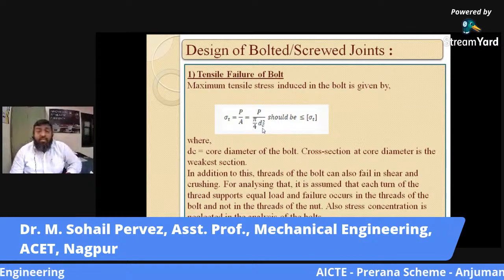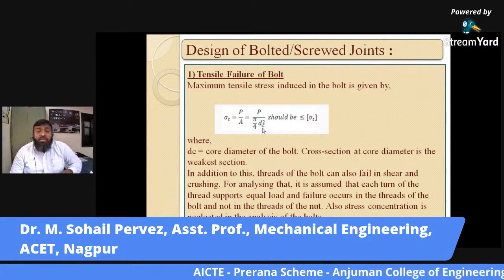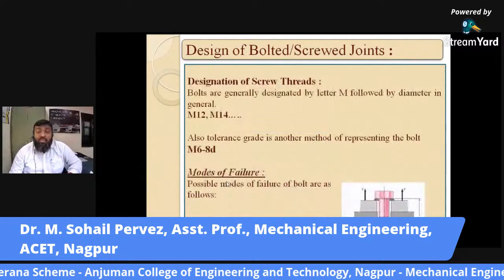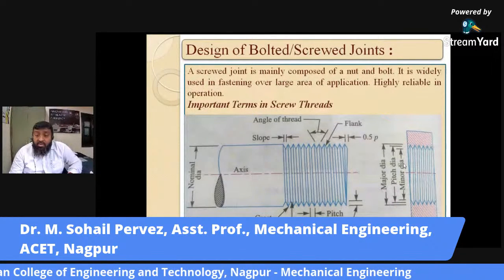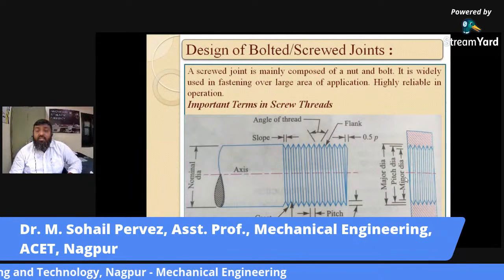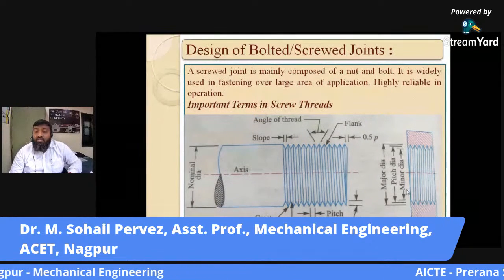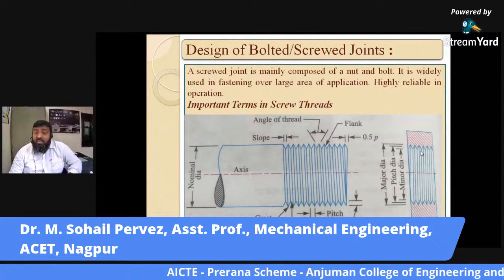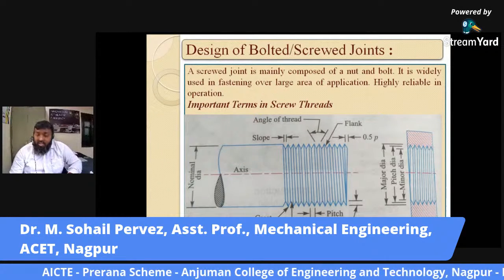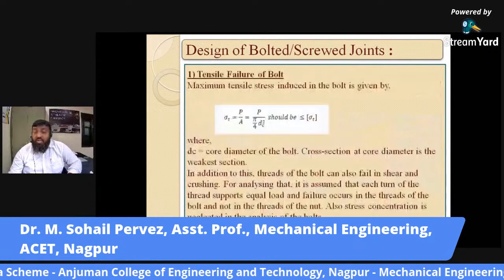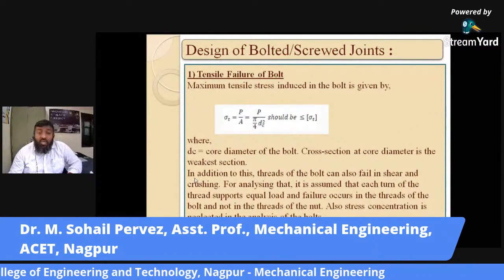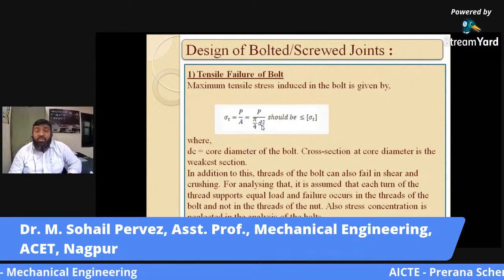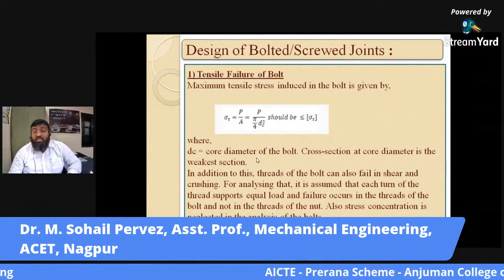I again repeat, the weakest diameter of the bolt is the core diameter. Since this minor diameter is nothing but the core diameter, the other names are minor, minimum, and core diameter. This is the minimum diameter of any screw thread, vulnerable to the applied load. So we have to design on the basis of this smallest diameter: pi by 4 Dc square, where Dc is the core diameter.